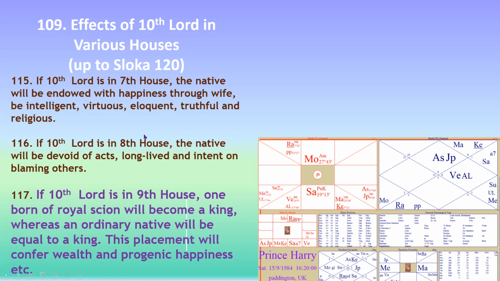The eighth house is the house of the occult, about hidden things. So any lord that goes into the eighth house ends up in trouble. But long-lived, because the eighth house is the house of longevity. So it works out very positive, and the 10th lord is very auspicious.